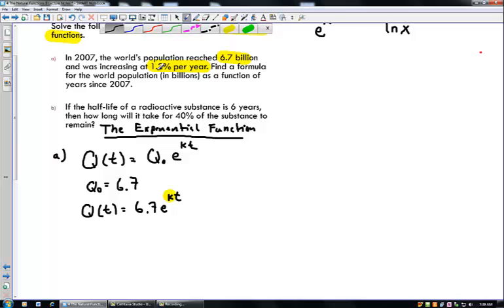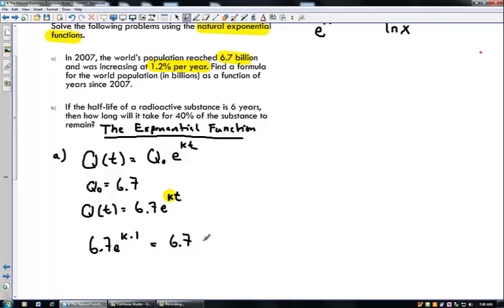All right, so what I know is that after 1 year, this increases by 1.2%, because it's growing 1.2% per year. That means if you plug in 1, so 6.7 e, I have k here, and I plug in 1 year for t, I'm going to get 1.2% more than I started with. So how do I write down 1.2% of 6.7?